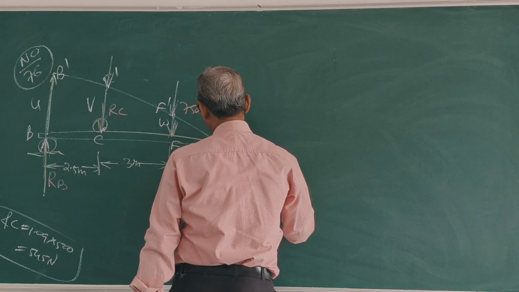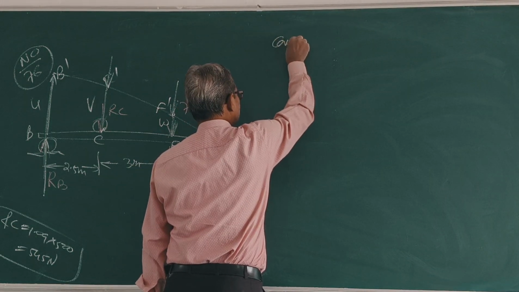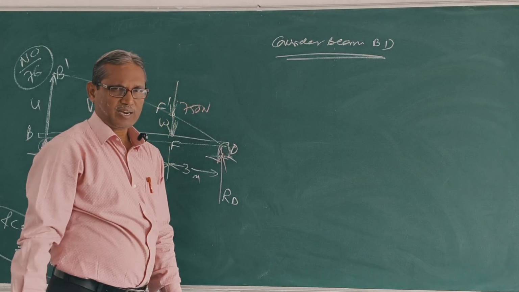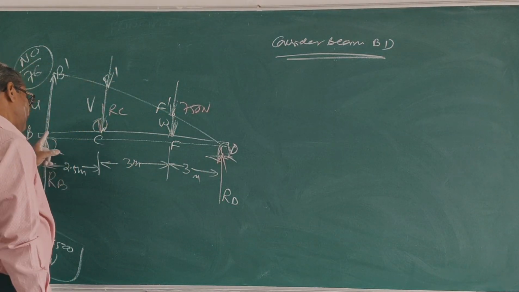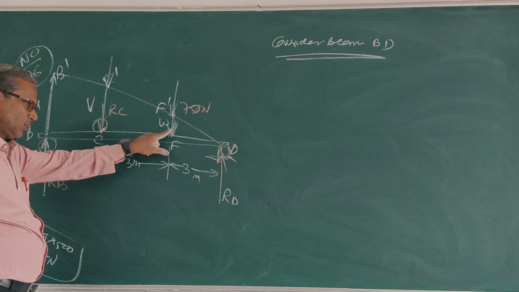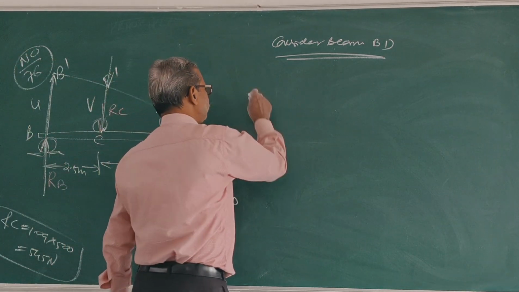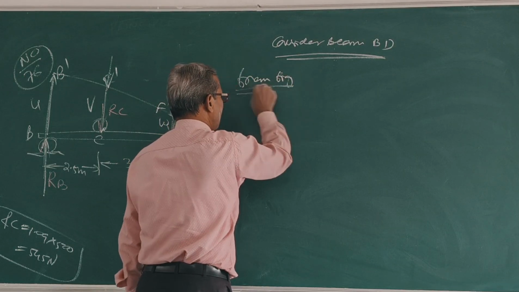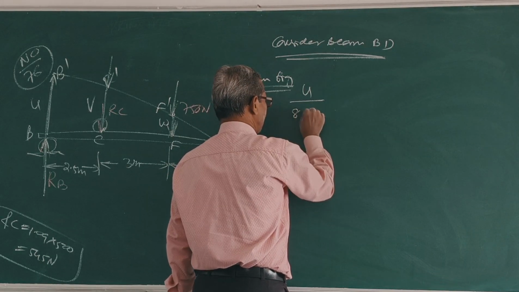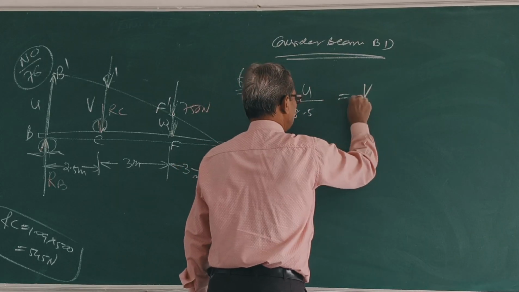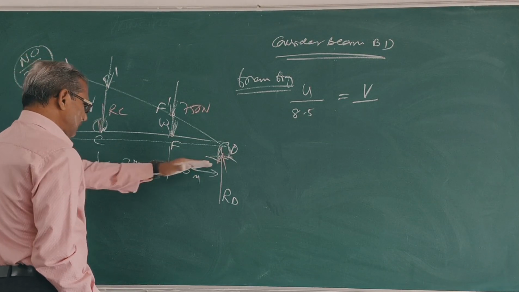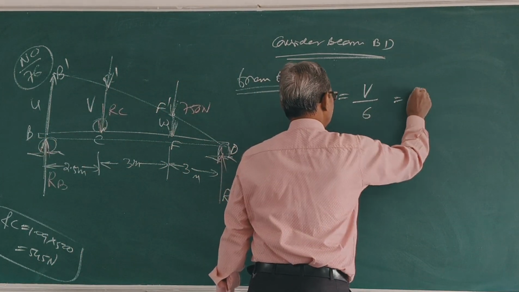Consider beam BD. So the virtual displacement at B is U, at C is V, at F is W. First find these two values in terms of U. From the figure, U by this length, which is 6 plus 2.5, 8.5, is equal to V by this length 6, and W by this length 3.